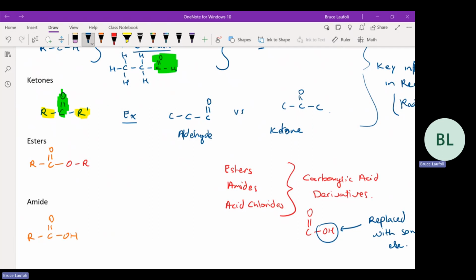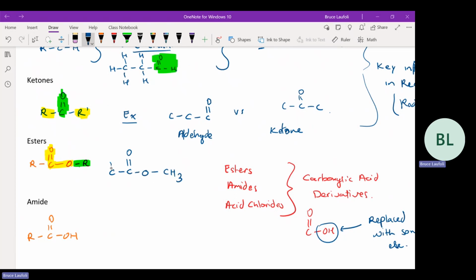And so this idea where we have a double bond O to the C, but then we also have another singly bonded O followed by another carbon chain, because remember R means the rest of the chain of carbons. This is what we call an ester.